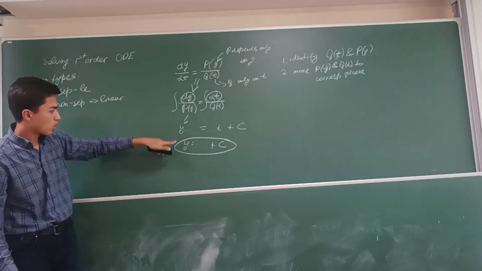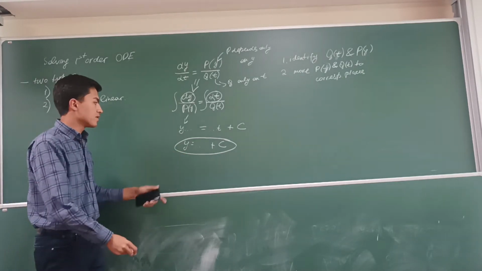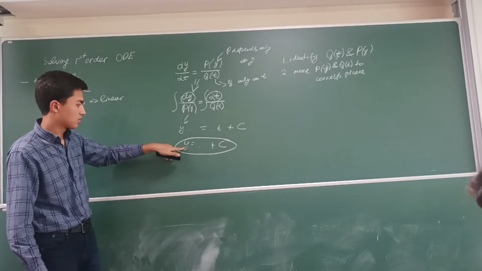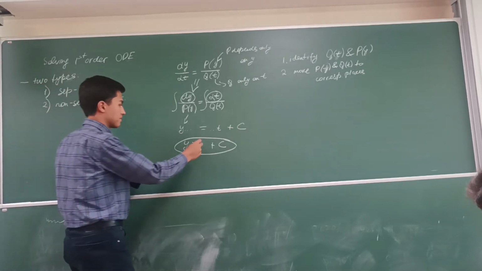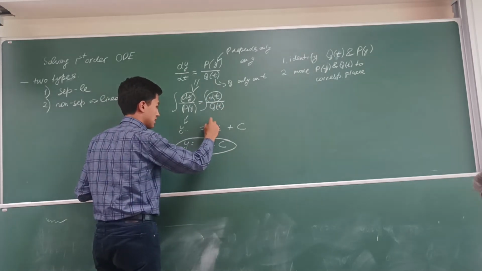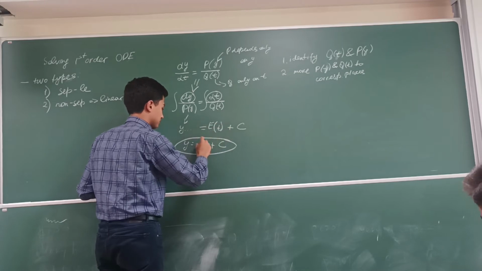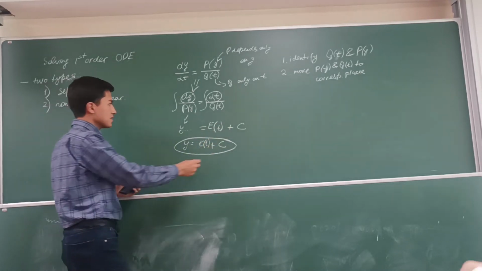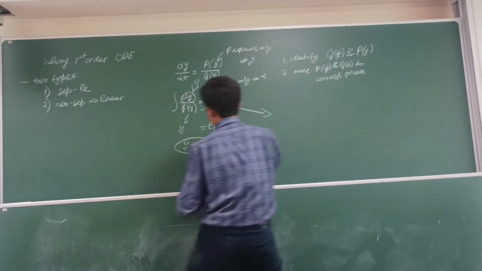When you have just y, it's called an explicit solution. And when you are asked to find an explicit solution, you have to write this kind of form: y equals, for example, let's say the integral of Q(t) is going to be e^t.